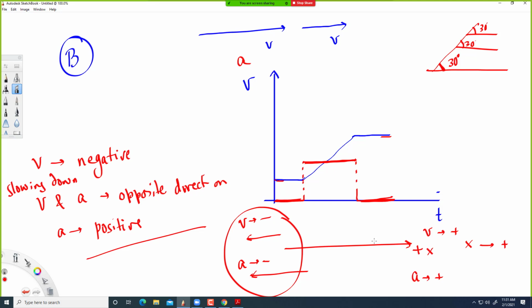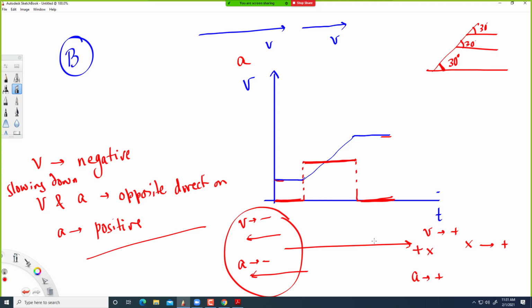Number 15. I will let you figure this out. I want you to give me the answer for number 15. How would you differentiate between C and D, since they're both going in the same direction? Oh, one is slowing down, the other one is speeding up.